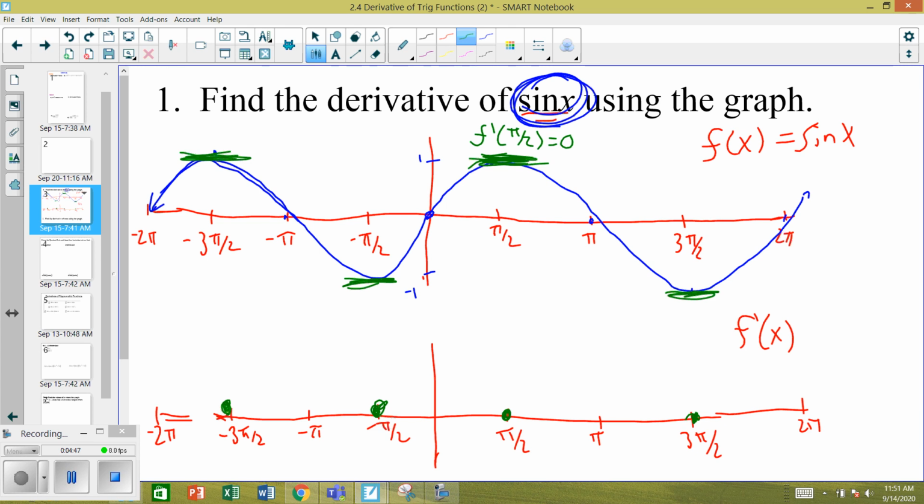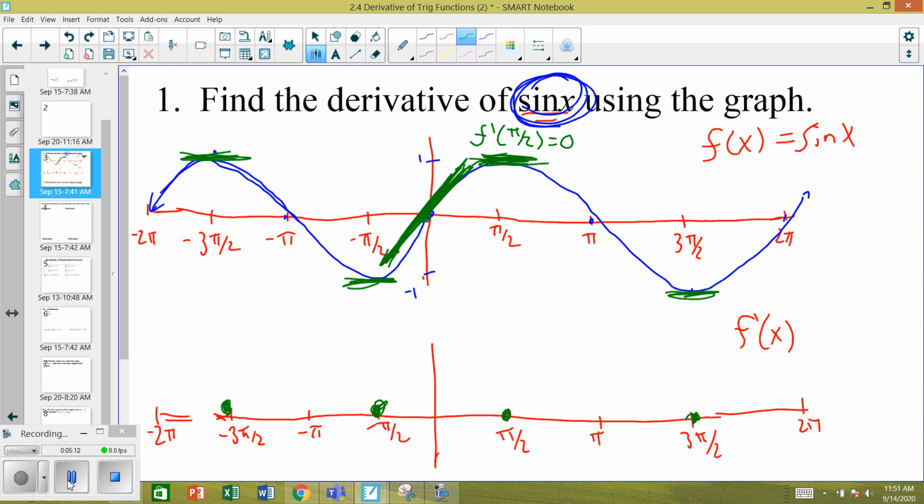Now, the next one I'm going to approximate. I'm going to look right here at the other interval, at 0 on my curve, 0 right here on my curve, and the tangent line at this point. I'm trying to draw it the best I can so you can visualize what's going on.